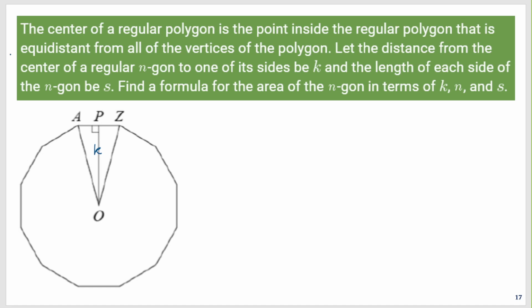So AB is s. Can you find the area of the n-gon in terms of k, n and s?